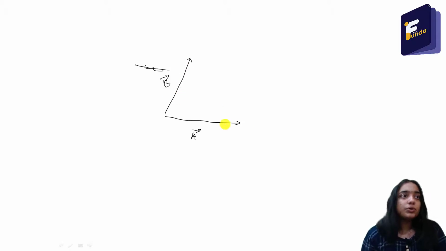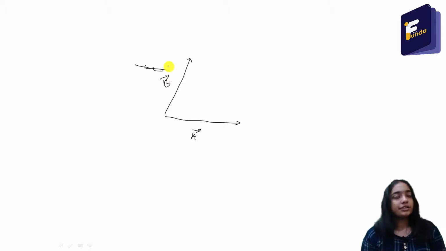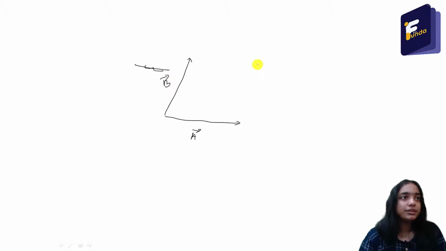So how am I going to add these two vectors? I will apply the triangle law of vector addition. I will shift this B vector parallelly and bring it here. This is the B vector. And how will I now add this A vector and B vector?